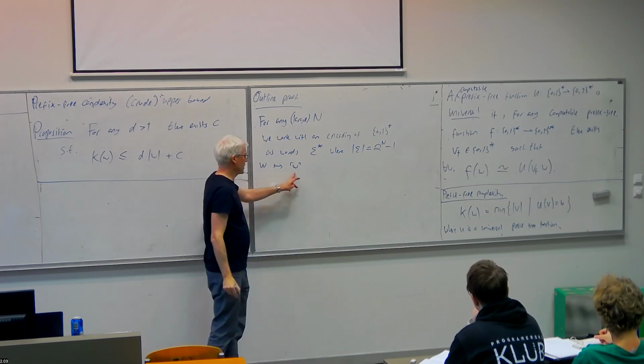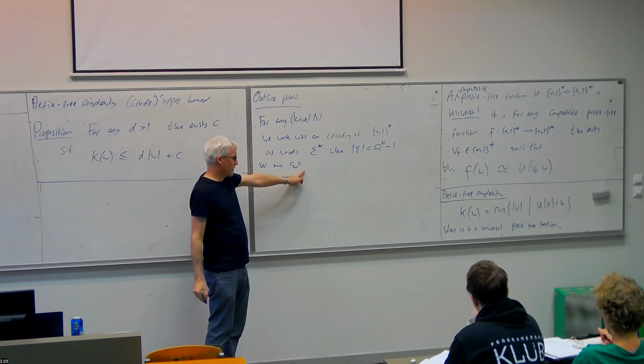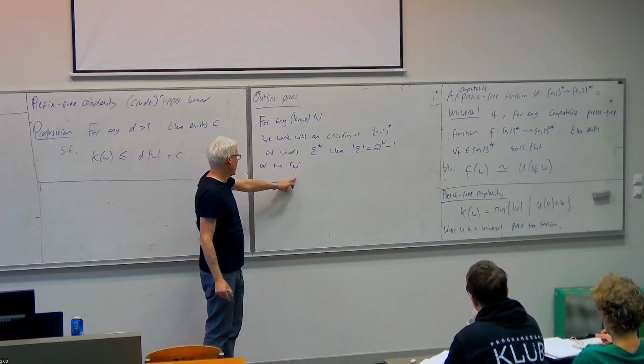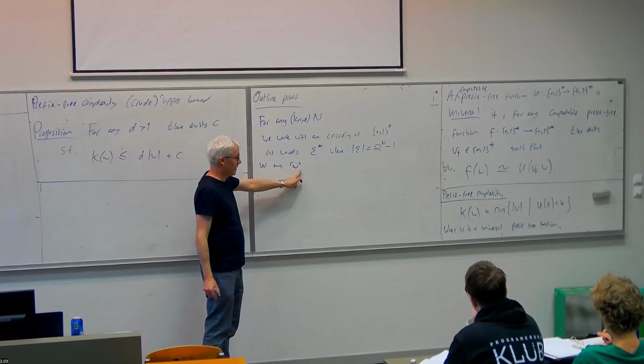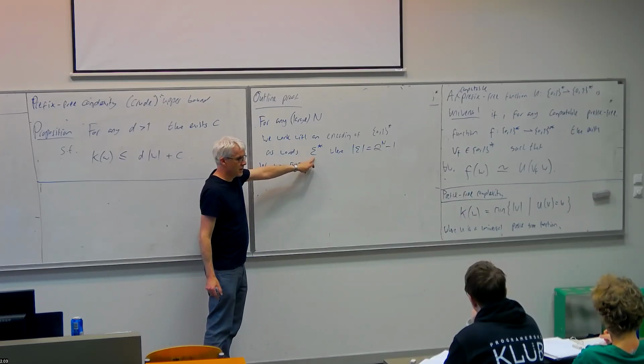Let's again use the corner brackets for the encoding. So this takes a word in the binary alphabet to a word over the alphabet sigma.